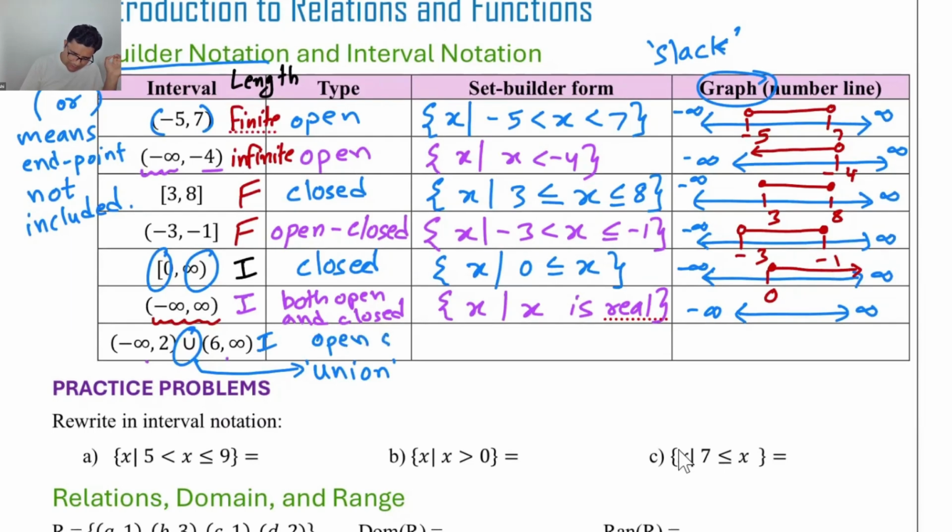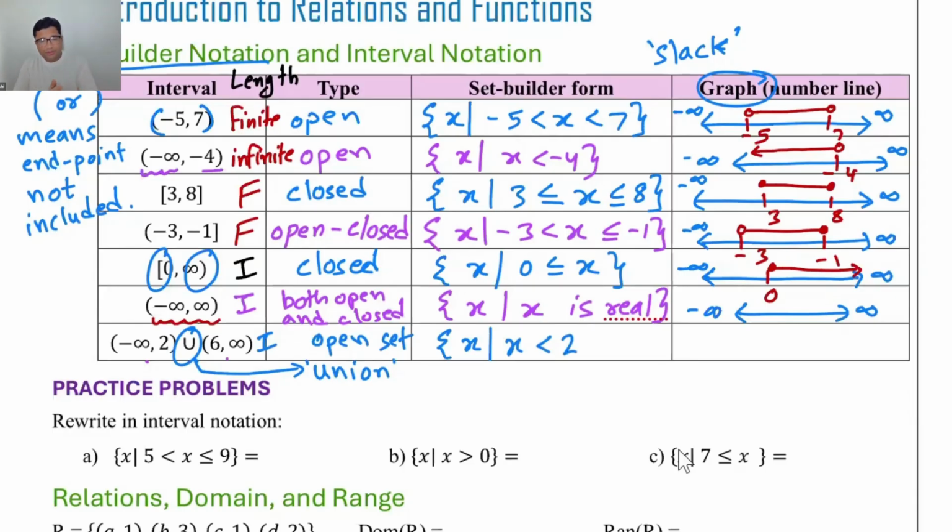So let me write that clearly. It's an open set. And how would you write the notation? Set builder. This is important now. You have to mention both the things, right? x such that x is less than 2.